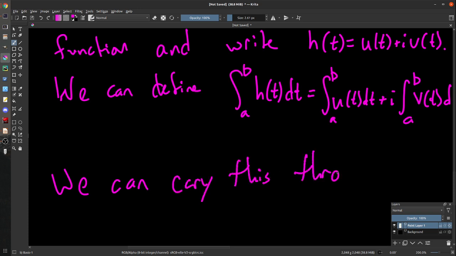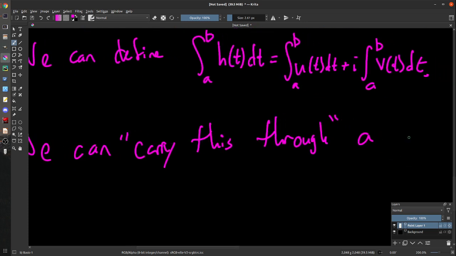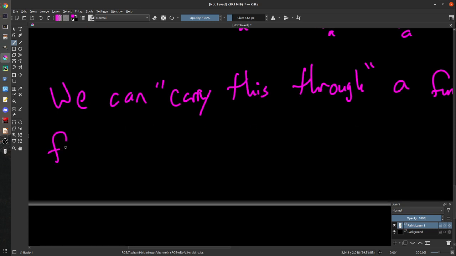So we could carry this through a function f from C to C via composition.